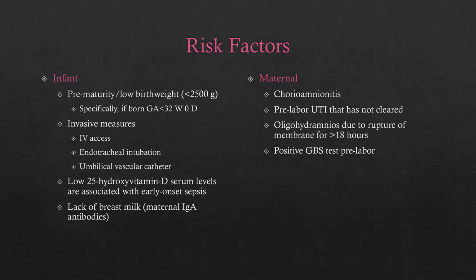And specifically if they were born less than 32 weeks gestational age, then they're not producing antibodies yet, and so they're going to be at really high risk for sepsis. On top of this, any invasive procedures, any surgeries, IV access, intubations, or an umbilical catheter can cause sepsis.